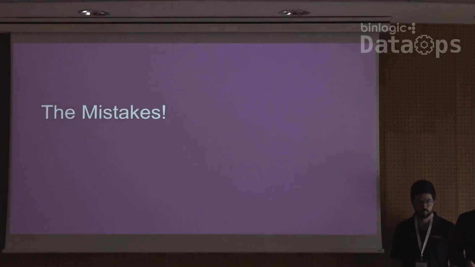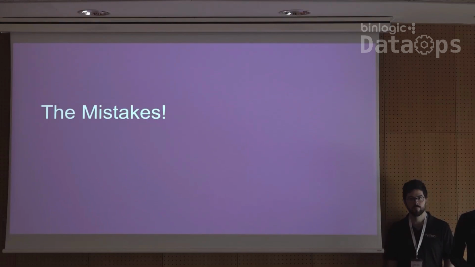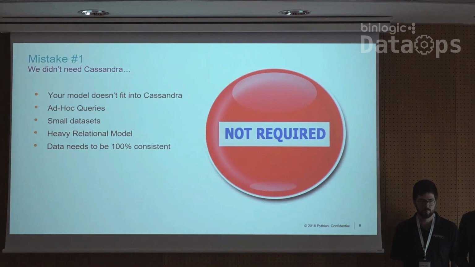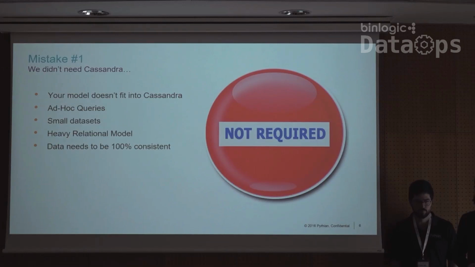So let's talk about the mistakes we made and that we found while managing Cassandra. What's the first mistake? This is one of the mistakes that we find very often in our clients, in the first interactions we do with them: they start using Cassandra because either someone heard the buzzwords or they wanted to try it out, but more often than not, the use case doesn't really fit Cassandra.